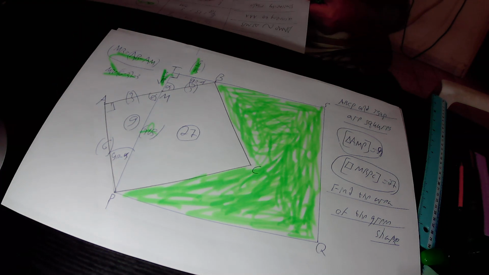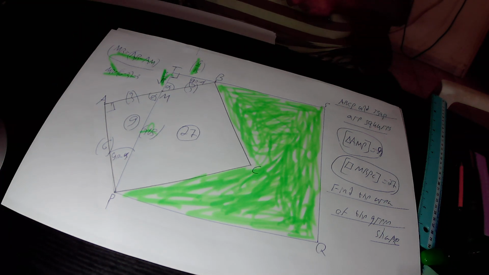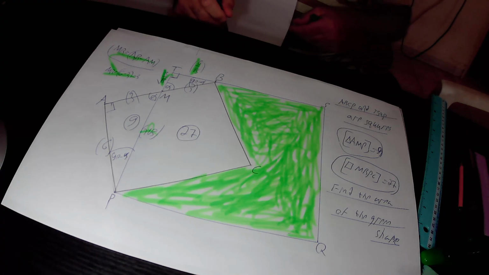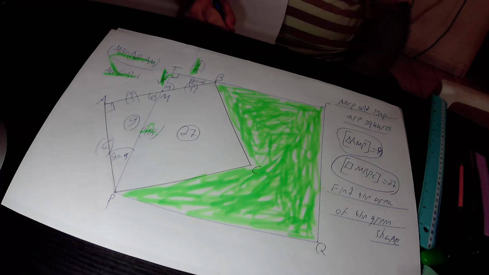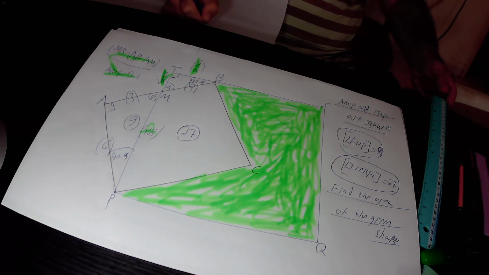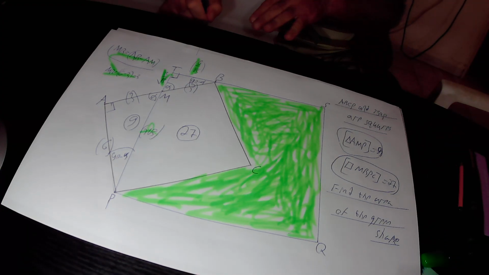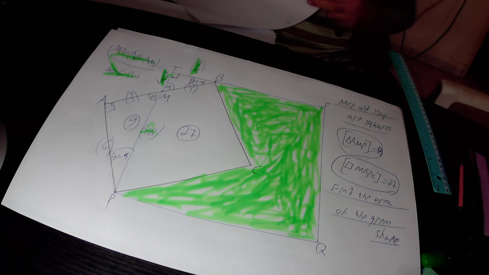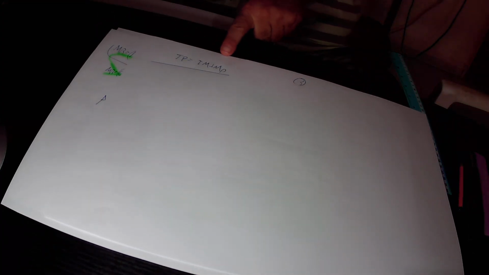So, write it down. TP equals TM plus MP.